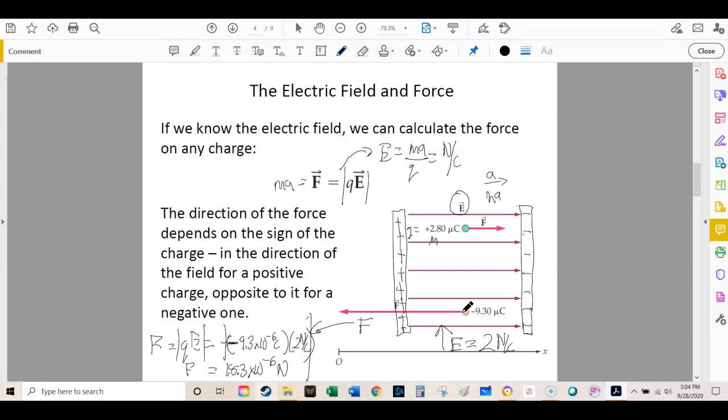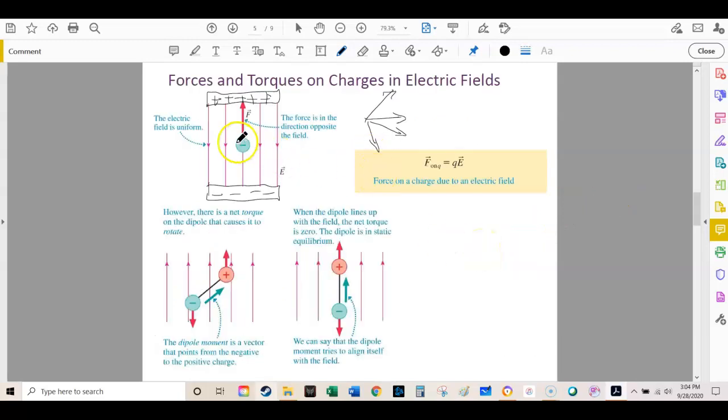It moves opposite the stream of the electric field. Okay? We'll get into more about the stream and which way charges move when we talk about voltage and also electric potential energy. So, voltage, electric potential, but also electric potential energy.